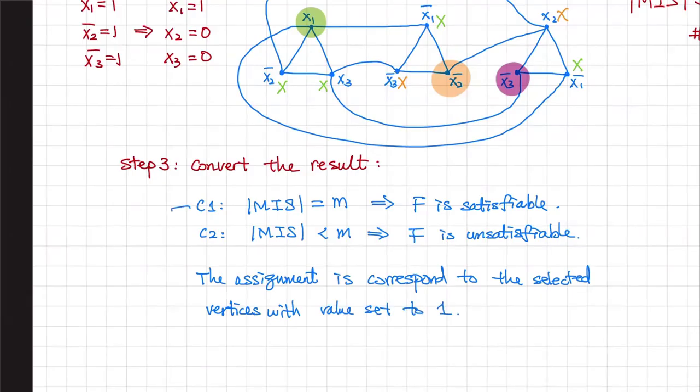But you only do this if it's satisfiable. If it's not satisfiable, if the size of maximum independent set is less than M, then your answer is unsatisfiable. You don't need to come up with the assignment. There's none. Are we good?